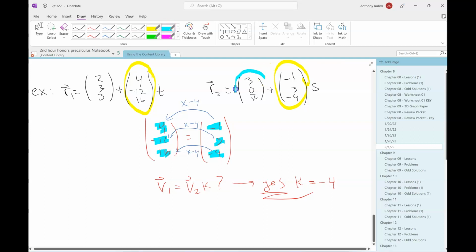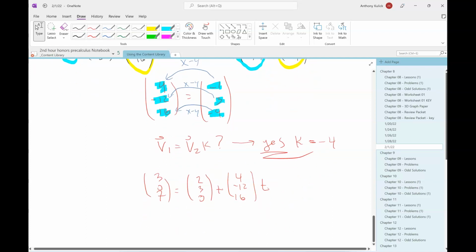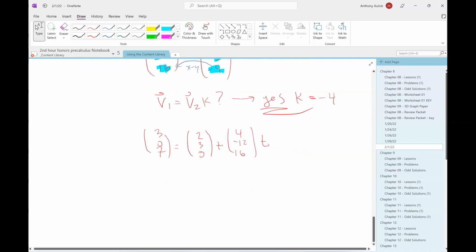So let's say we're going to take the point vector from R2 and see if it's on R1. So we're just going to take our point vector from R2 and plug it into R1, and see if that is a point on R1. And we do this the same way we did before. We're basically going to see if there's one value of t that can give each of these three components. So 3 is equal to 2 plus 4t. 0 has to equal 3 minus 12t.